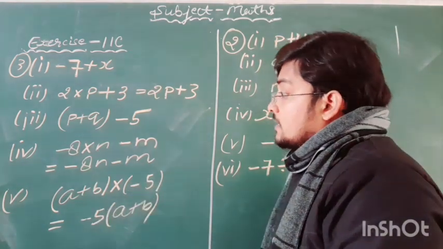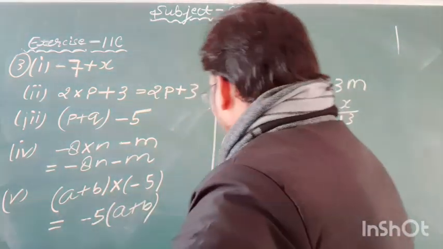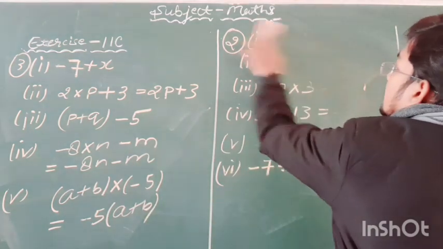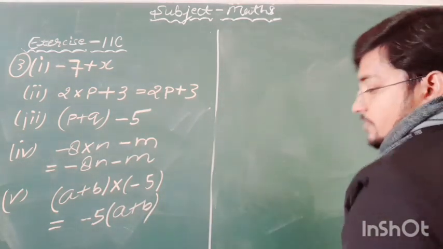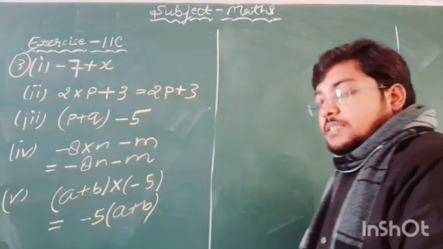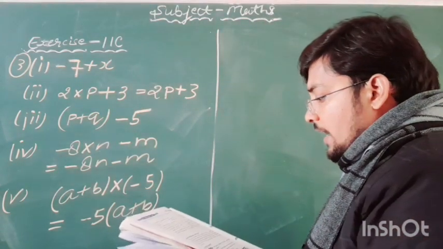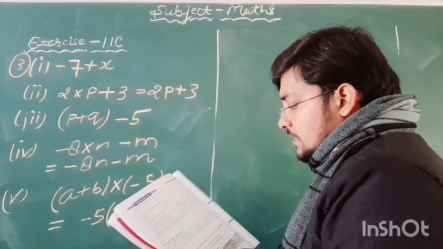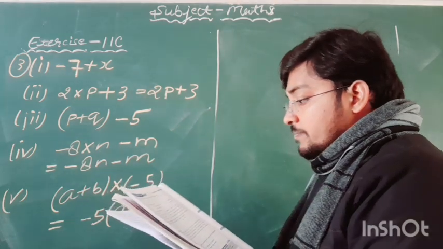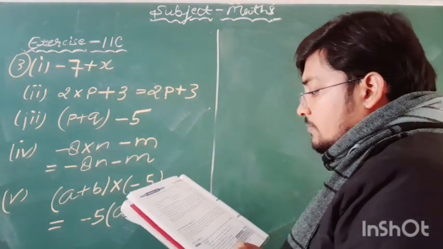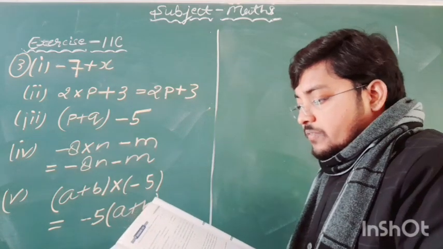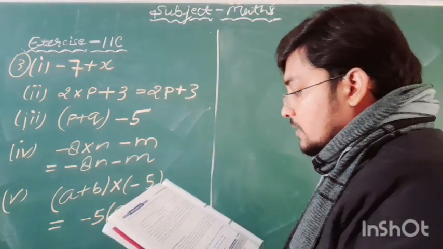And sixth is h times y subtracted from p times q. H times y subtracted from p times q.